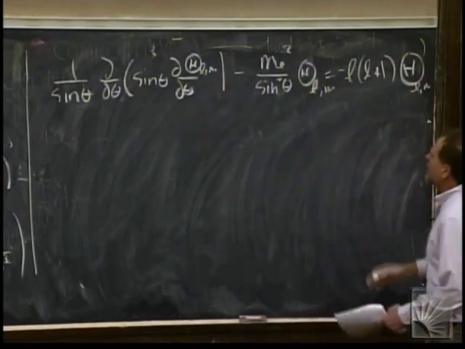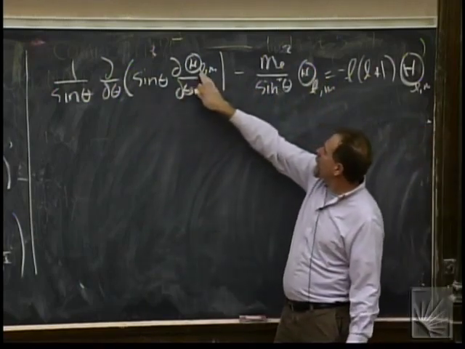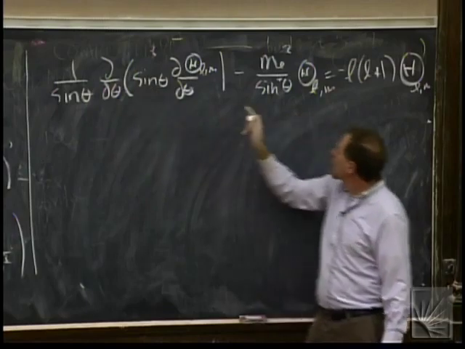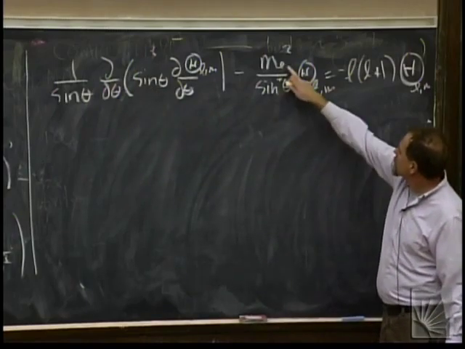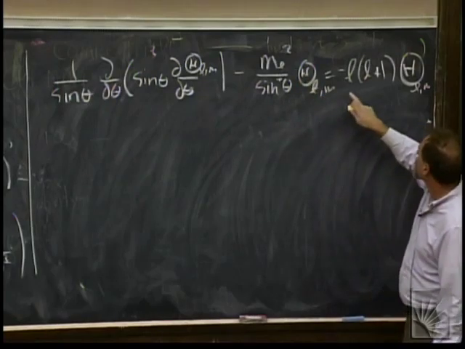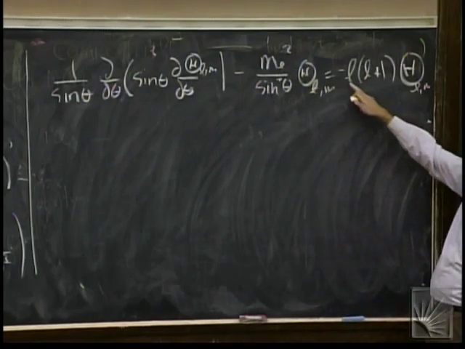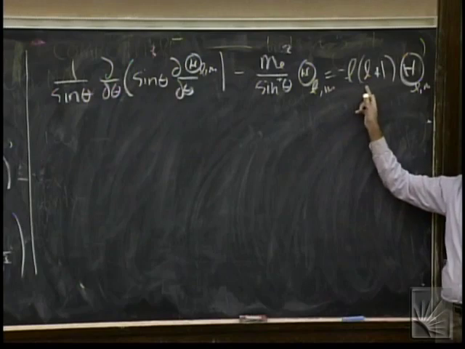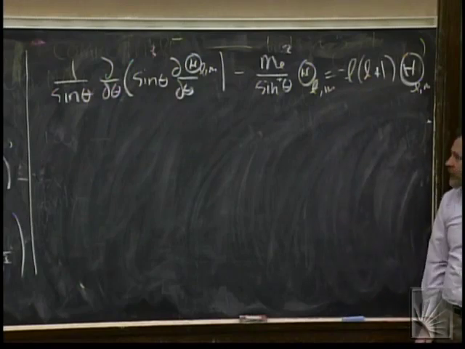I said that if I operate on theta with this junk, and this m sub L squared came from the second derivative of the phi part, it was equal to a constant, and I said the constant I'm going to call minus L times L plus 1, and just that worked out.